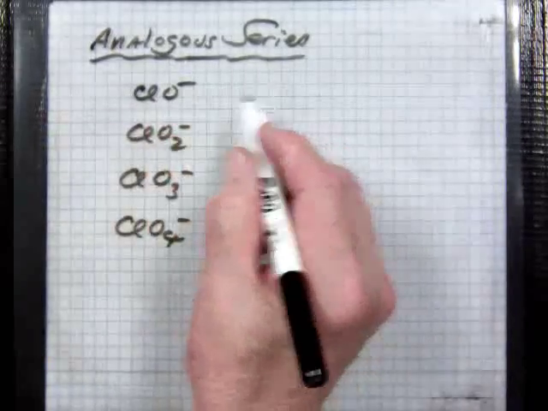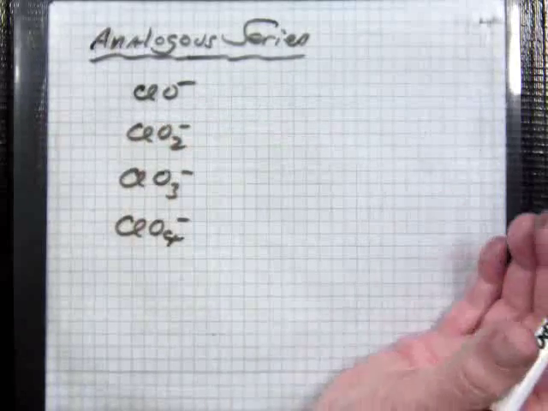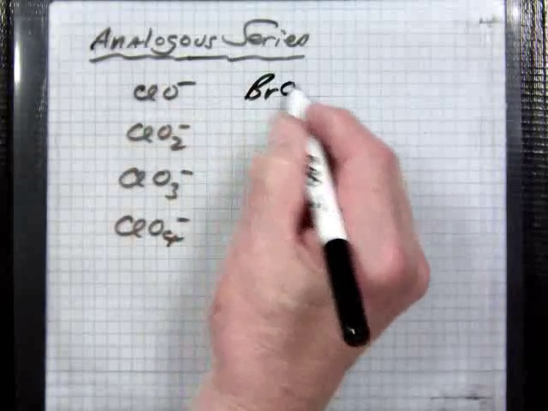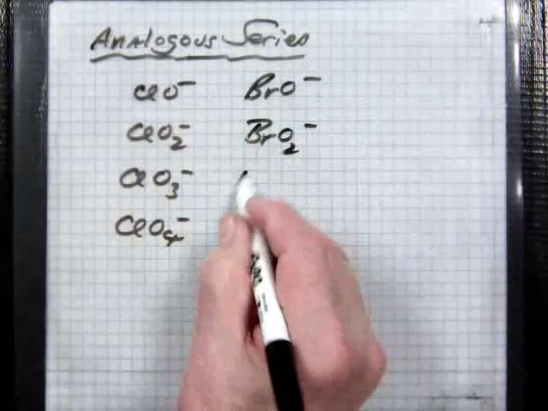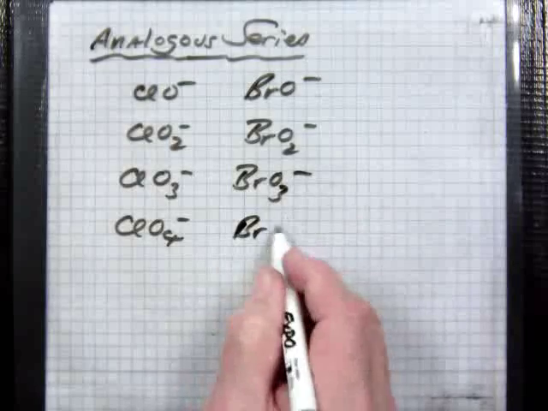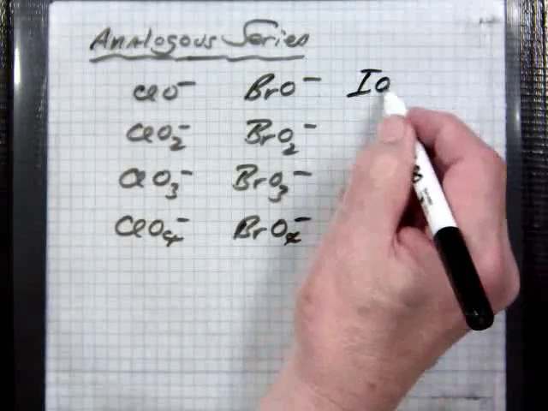But the only difference between these and what I'm about to write is the halogen. So if you have a chloride, then you can go to bromide, and the same combination applies, like that, and iodide does the same thing.